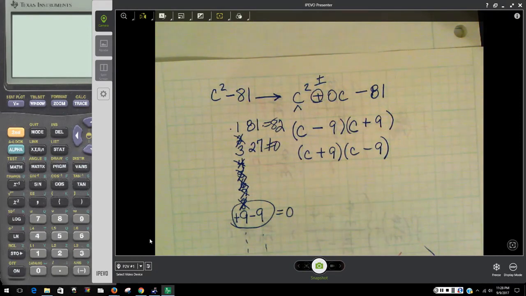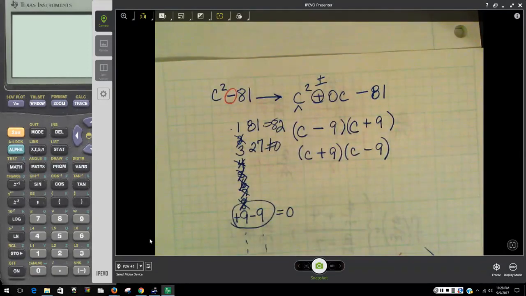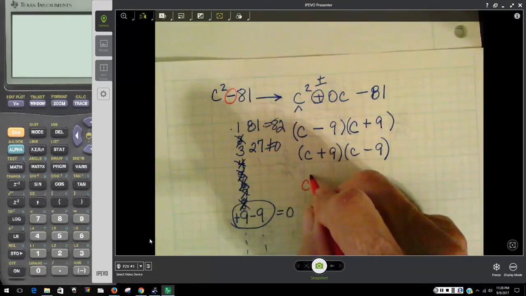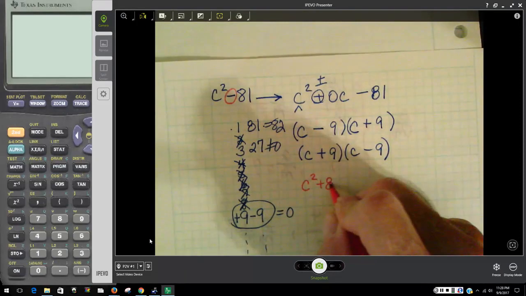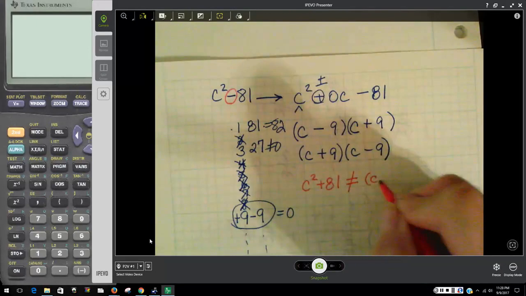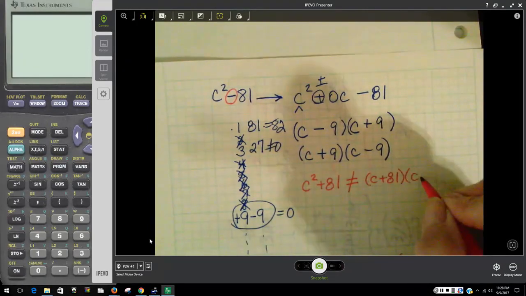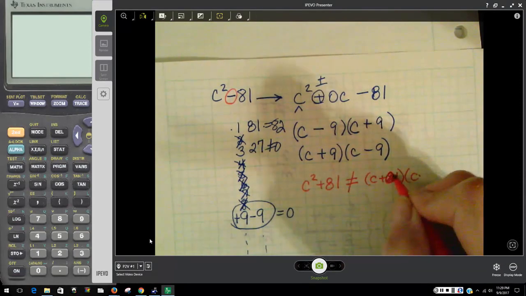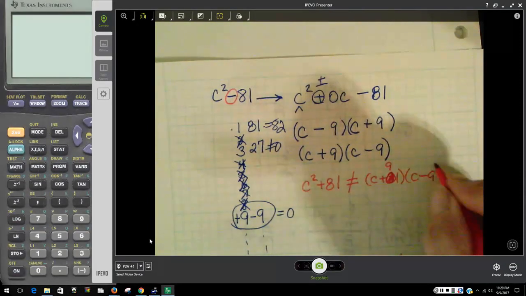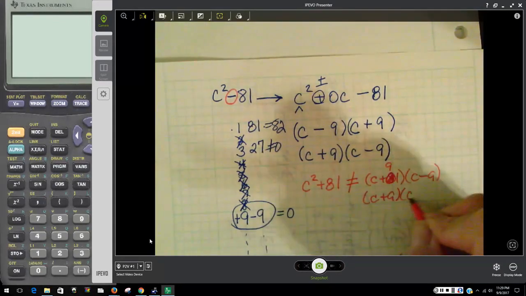Once again, I want to caution you though. Notice that this is a difference of two perfect squares. If you were to have c squared plus 81, that does not factor into c plus 9 and c minus 9. It doesn't factor into c plus 9 and c plus 9.